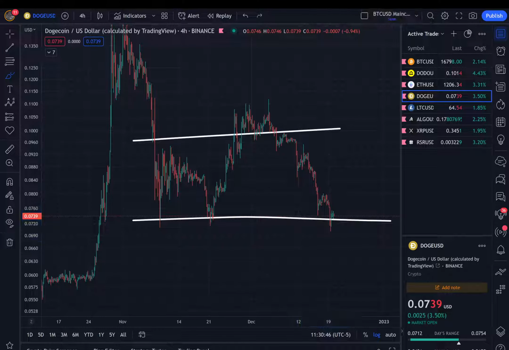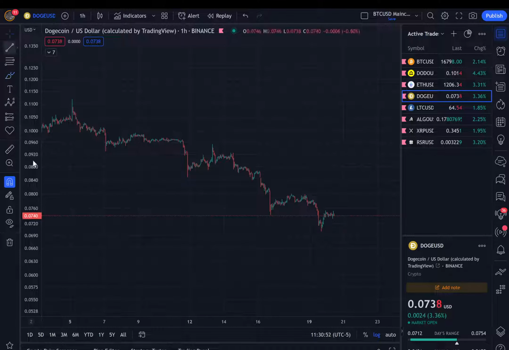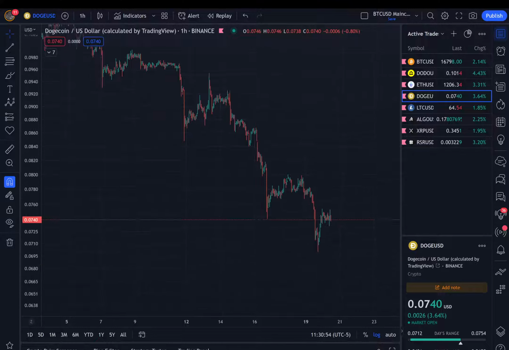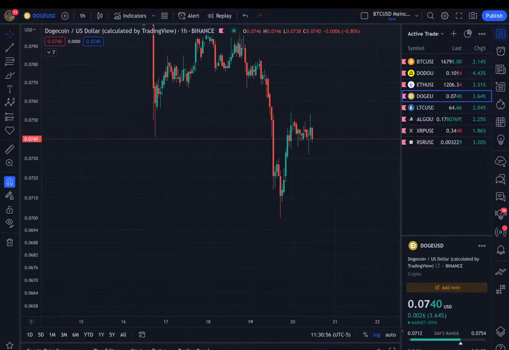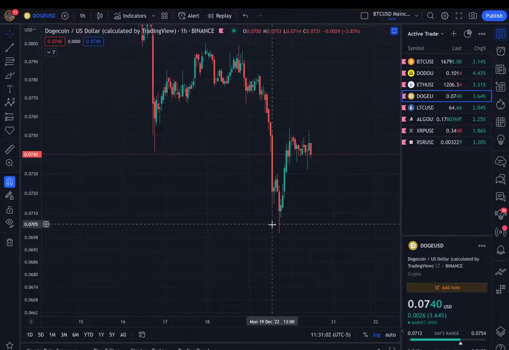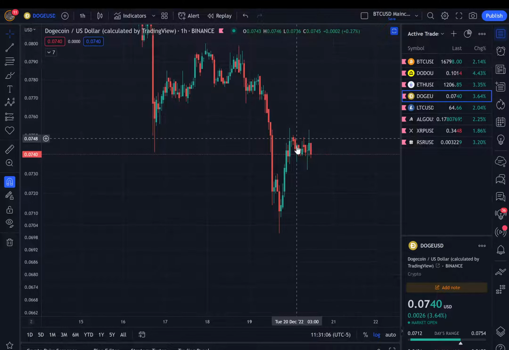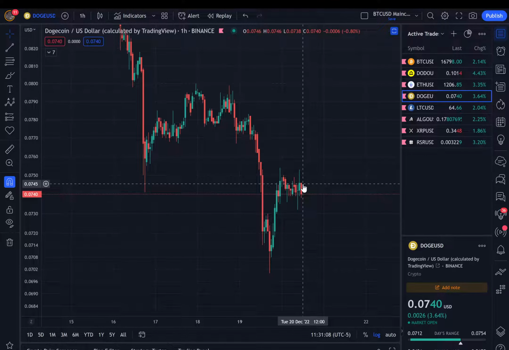Okay, so now let's just look at that a little more closely. Let's go on the hourly time frame. And if this is your pivot, then what you're looking at is a wave that's likely not finished. It's likely to continue to go up, all right?